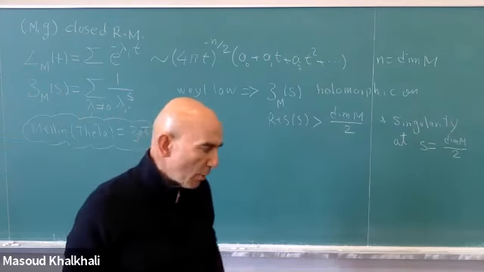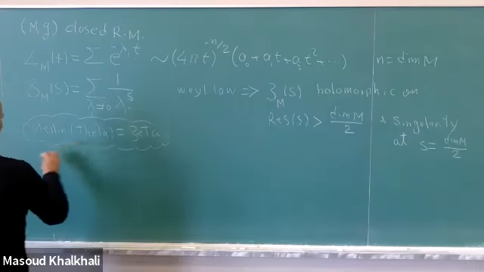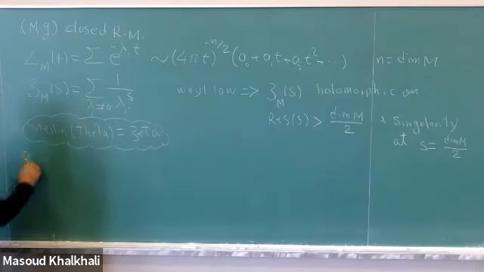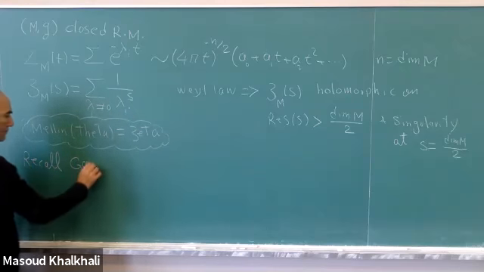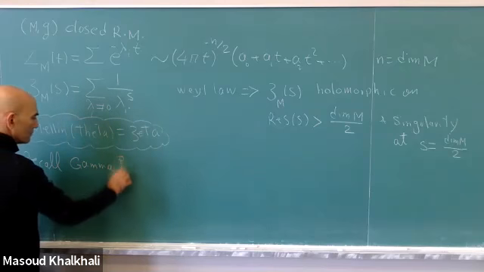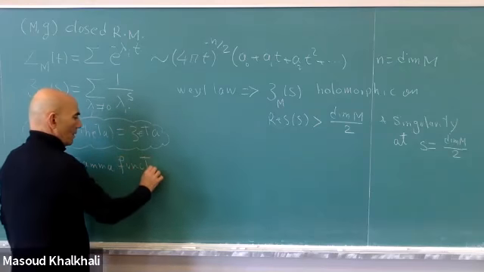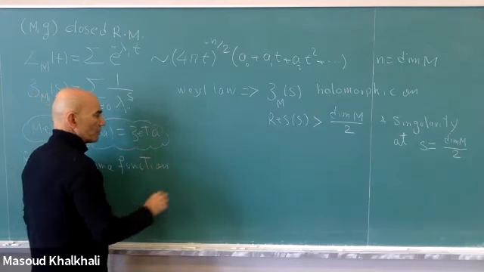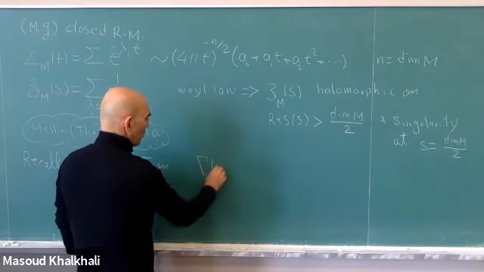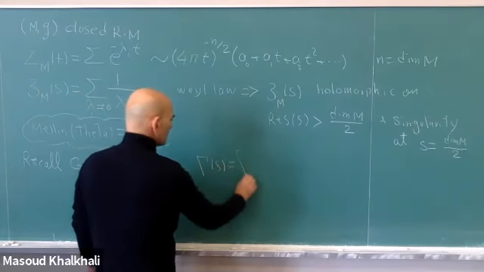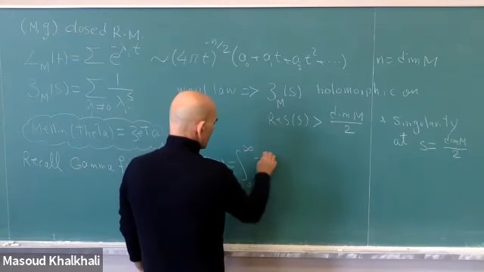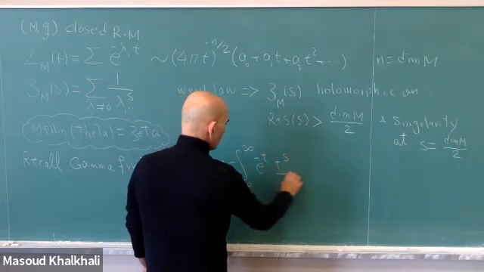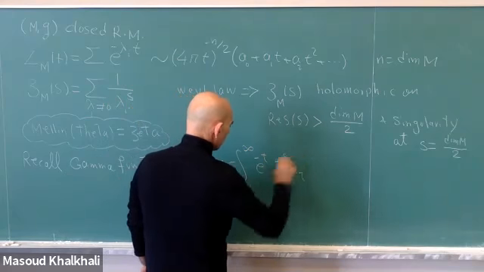So one gadget that we need is the gamma function. I defined gamma of s, you remember, as the integral from 0 to infinity of e to the minus t, t to the s, over t, dt.